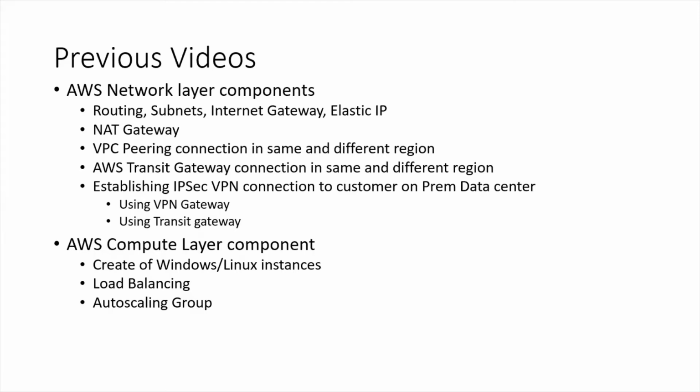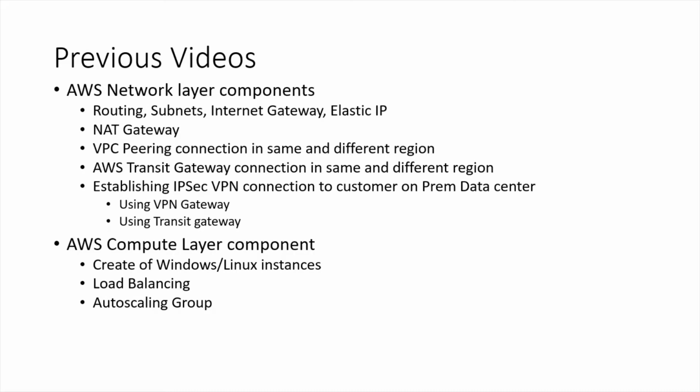So in my previous videos, I have created several videos for different domains. Like in network layer components, I have created how to create virtual data center on AWS Cloud or VPC, and creating network components like routing, subnets, internet gateway, elastic IP, NAT gateways, and establishing communication between different VPCs over the cloud, using VPC peering connection and AWS Transit Gateway.